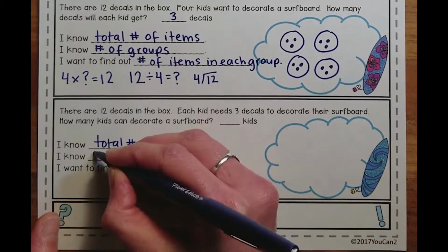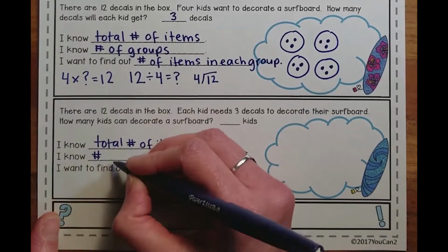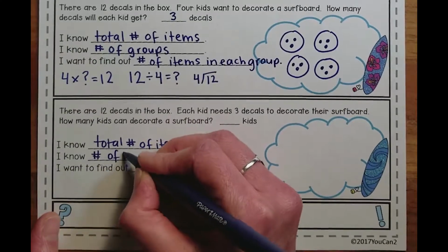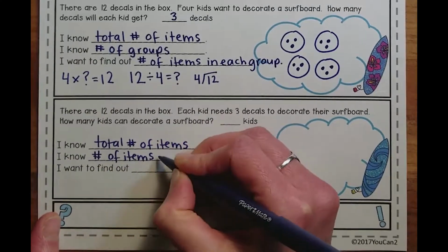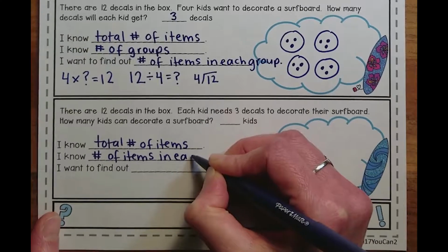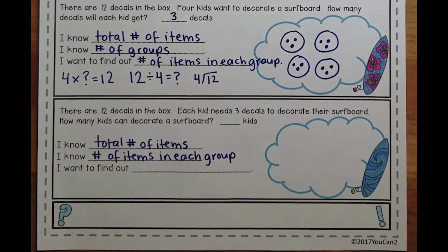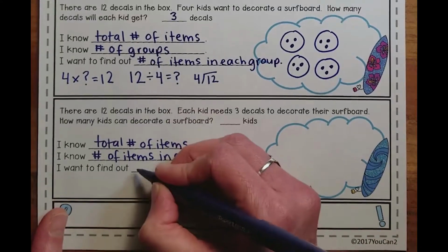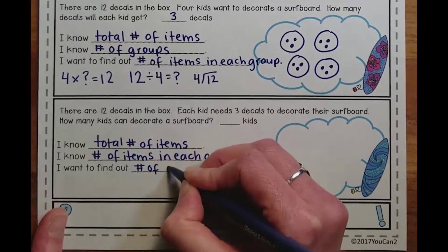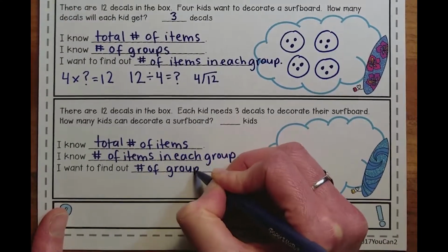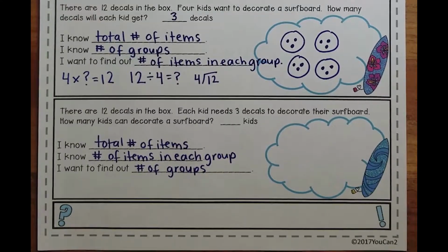This time, you know the number of items that are going to be in each group. So you know that each kid needs to get 3 decals. What did we need to find out? We needed to find out the number of groups. We weren't sure how many kids could decorate their surfboard if we had 12 decals and each one needed 3.